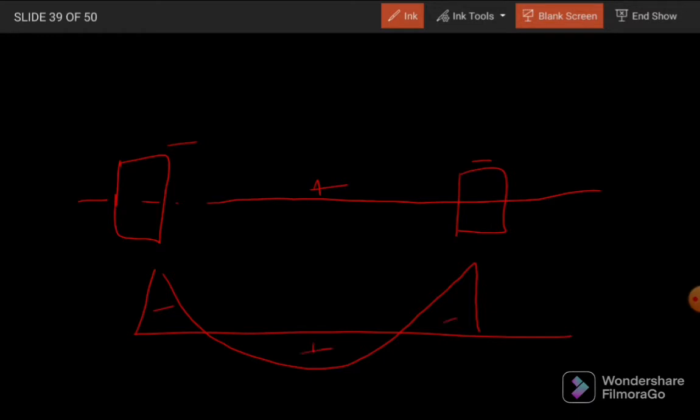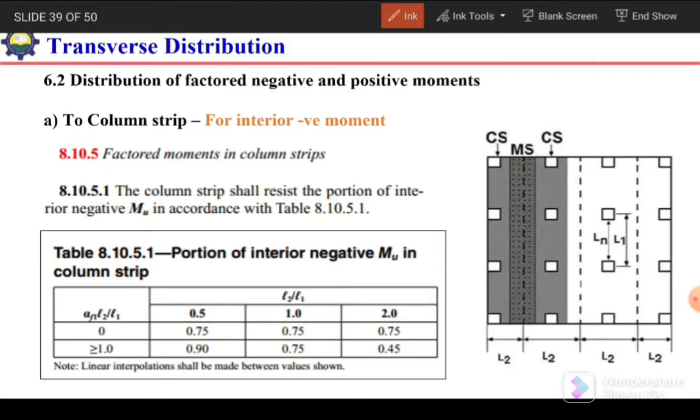Negative, positive, and negative. The next step is to distribute it in this direction, in the transverse direction, to the column strip and middle strip. So let's see how we can distribute in the transverse direction.